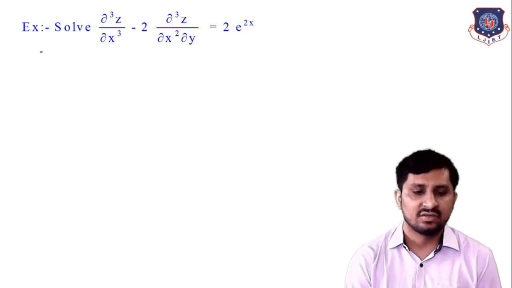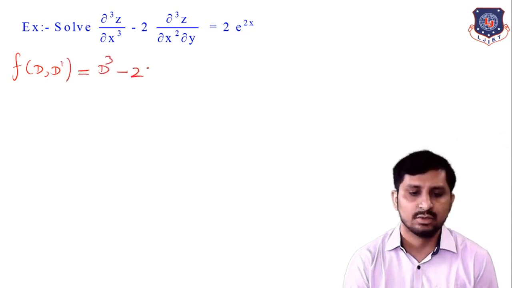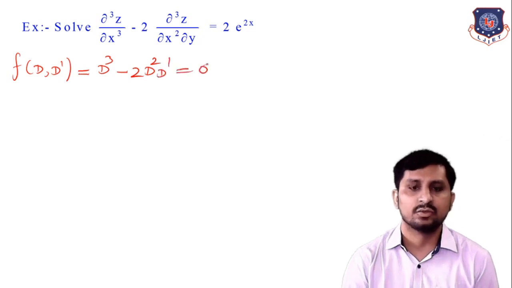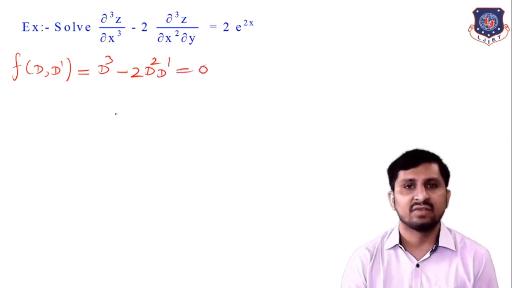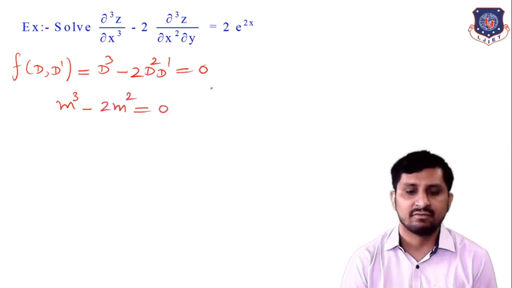First of all, write f of D, D dash, that is equal to D cube minus 2 D square D dash, equal to 0. Now if we convert this auxiliary equation in m, this is m cube minus 2m square equal to 0, where m is equal to D by D dash.